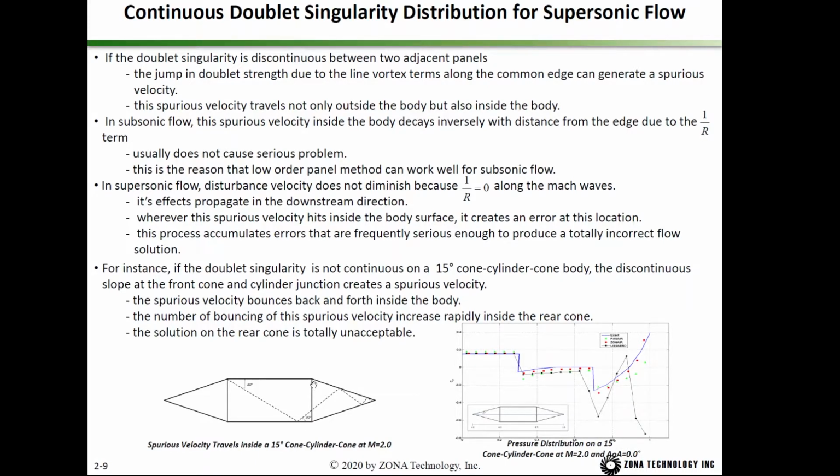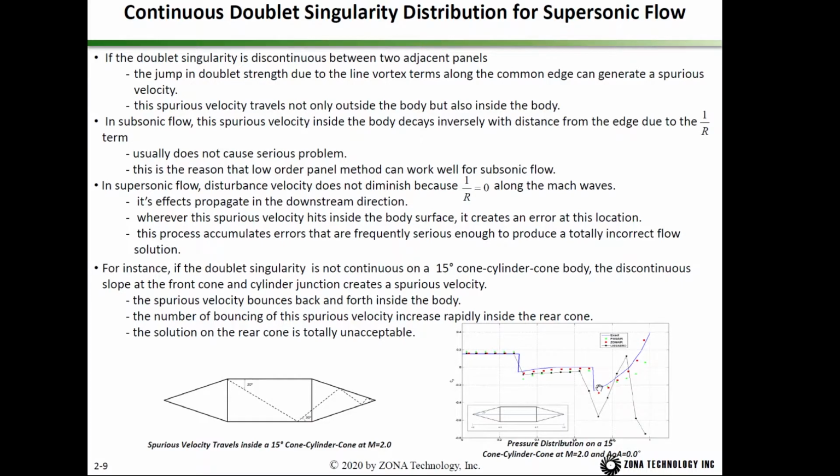The number of bounces of the spurious velocity increases rapidly inside the rear cone. The solution on the rear cone is totally unacceptable. This is the solution.